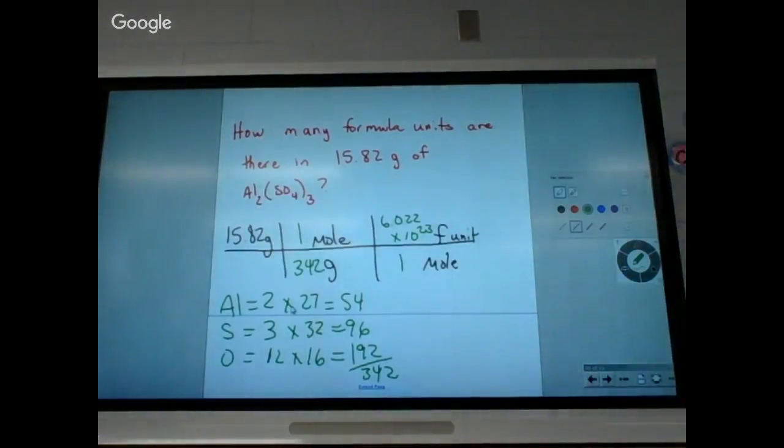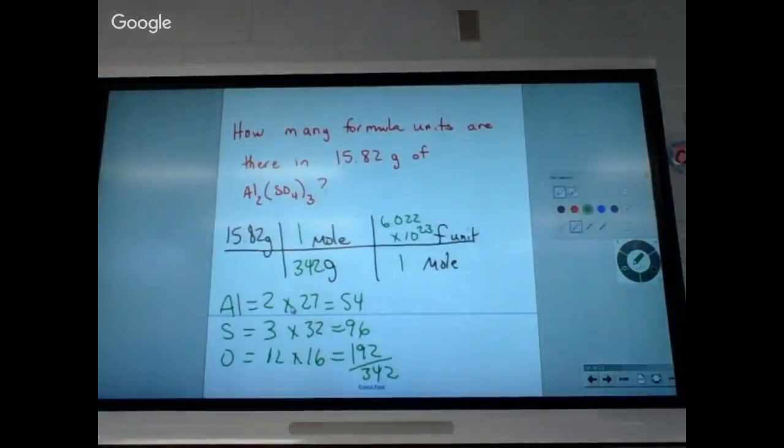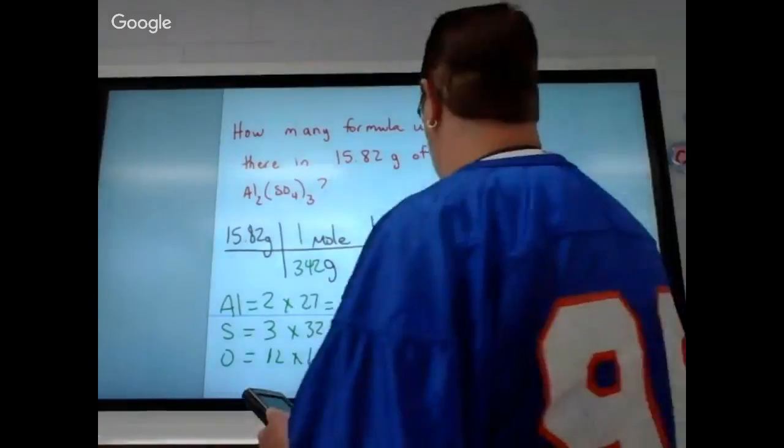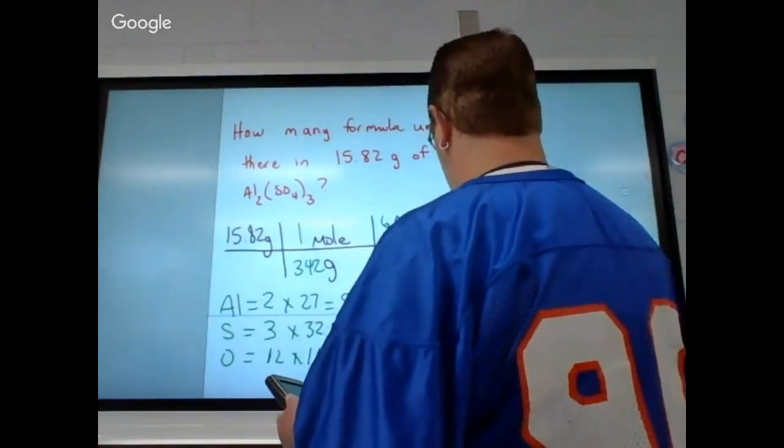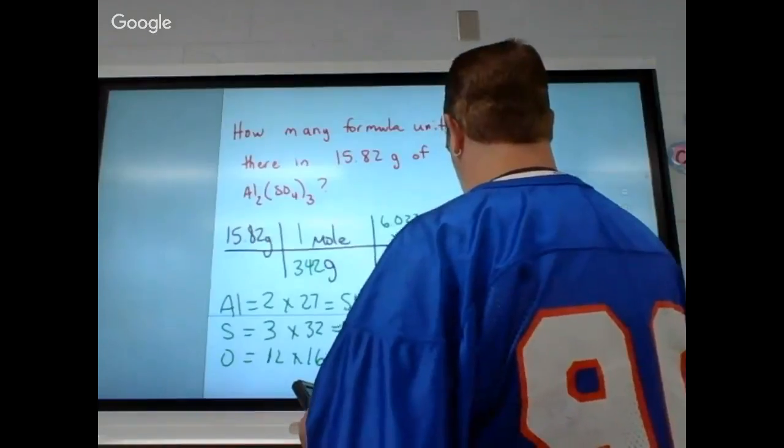Okay? And so now we can multiply and get the answer. That's going to be 2.78 times 10 to the 22nd formula units.